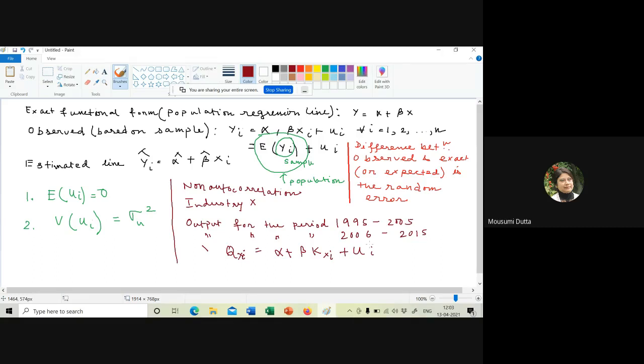So there will be 12 common factors in the error term for the period 1995 to 2005 and for the period 2006 to 2015.